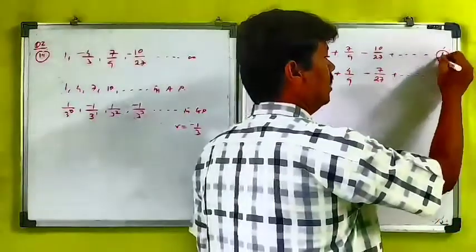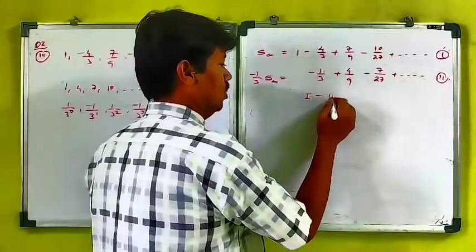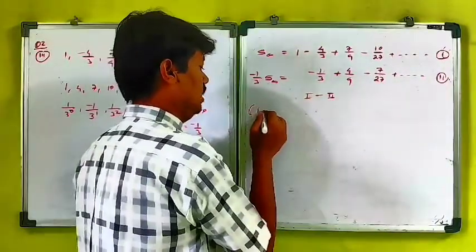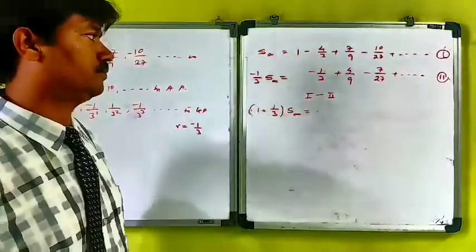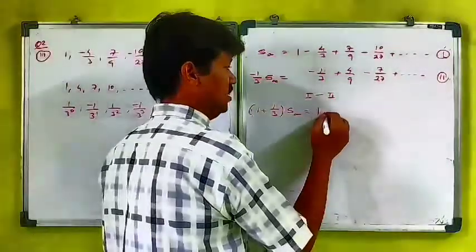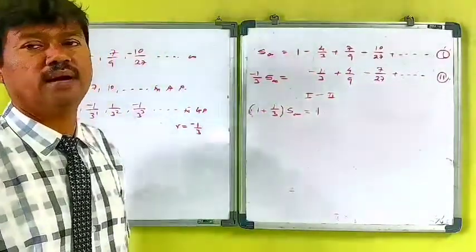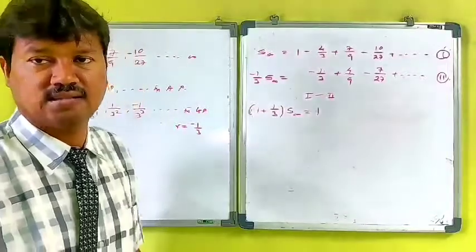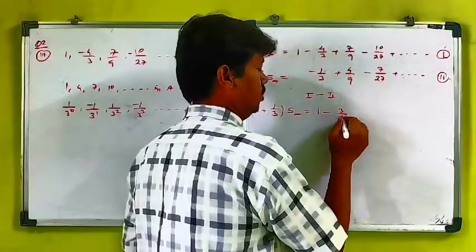So this is number 1 and this is number 2, and then 1 minus 2. So 1 minus 2 will give you 1 plus 1 upon 3 S infinity. 1 is as is. Here minus 4 plus 1 by 3. So minus 4 by 3 plus 1 by 3 is minus 3 by 3. So it is minus 3 upon 3.